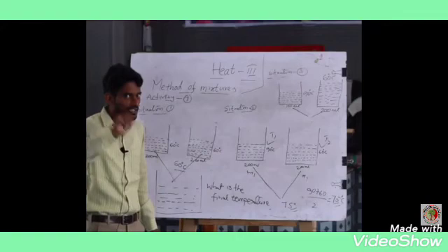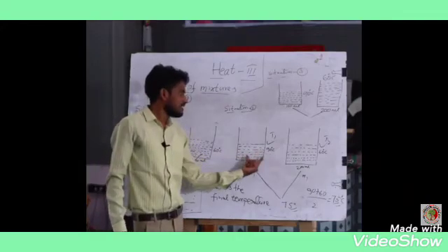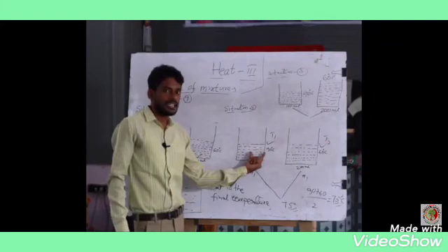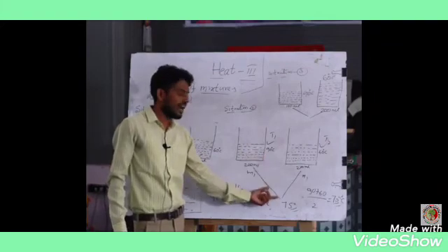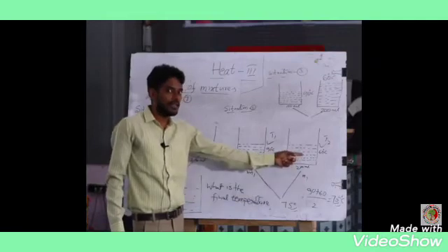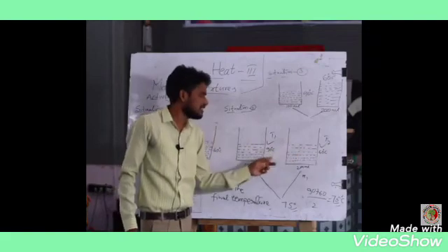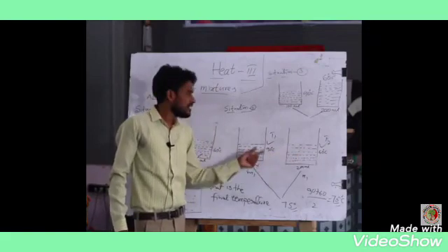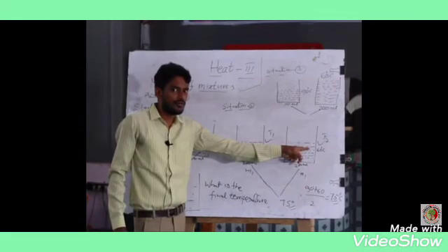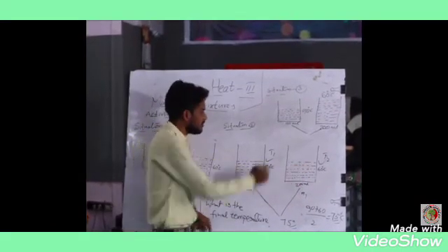Let's remember one thing. T1 means the hotter sample. When you mix the hotter sample with the colder sample, relatively compared, which is the colder sample? 60 degrees centigrade. Hotter sample T1 is always greater than T2.